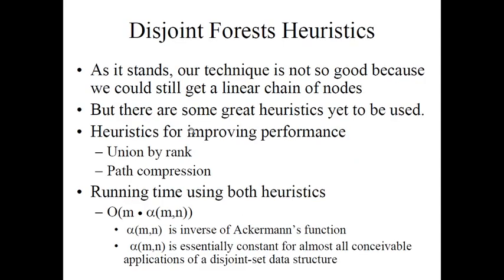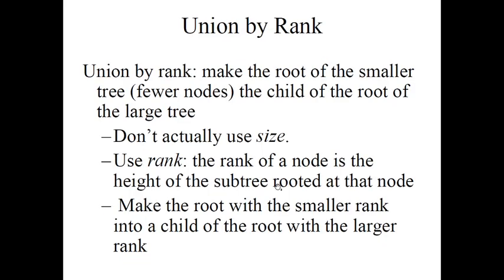Therefore we will apply some heuristics for improving the performance, and these are union by rank and path compression. And the running time cost using both these heuristics is O of m into alpha of m, n. Alpha of m, n is the inverse of Ackermann's function. Okay, if you don't know Ackermann's function, it doesn't matter. We will see at the end how we have got this running time.